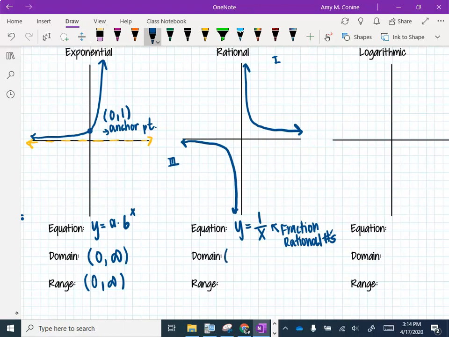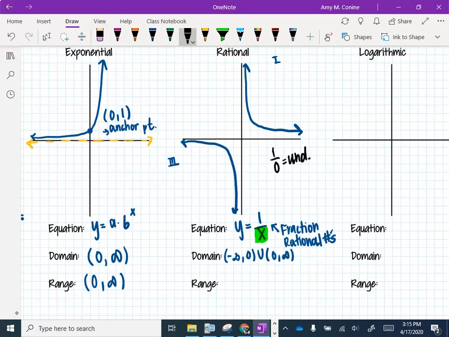So your domain for this is going to be, if you remember that union symbol, negative infinity to 0 and then 0 to infinity. Your x value in your parent function cannot equal 0 in the bottom. So when we talked about fractions, if we had a fraction of 1 over 0, you would tell me that was undefined. You would get an error.